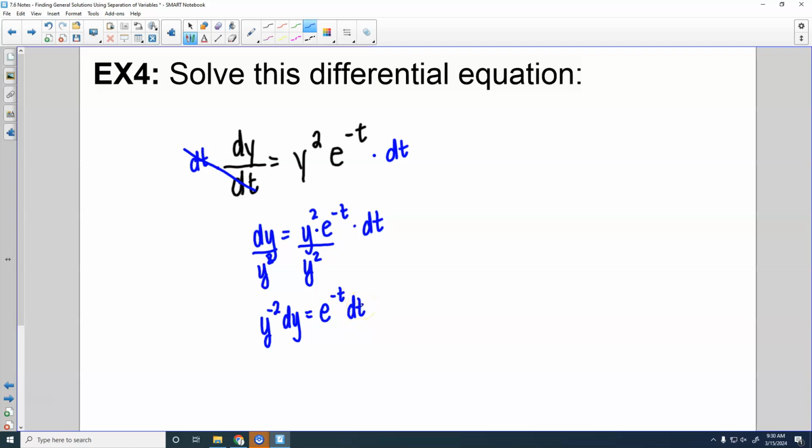I really like the differential equations unit because it embeds review in it automatically, because the next step is to integrate both sides. So not only are we learning how to solve differential equations, you're integrating each side of this, which makes you review all those rules you knew for integration.